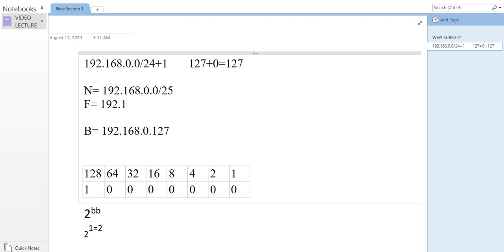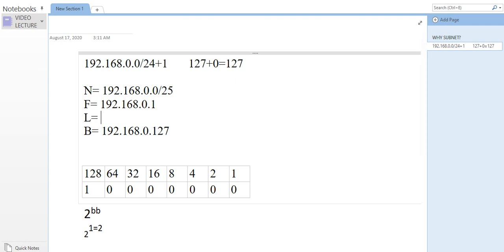To get the first valid IP address, which we abbreviate as S, you add 1 to whatever value is in the last octet of the network address. So for the first valid address, you add 1 to the 0 right here, and then you have 0.1.